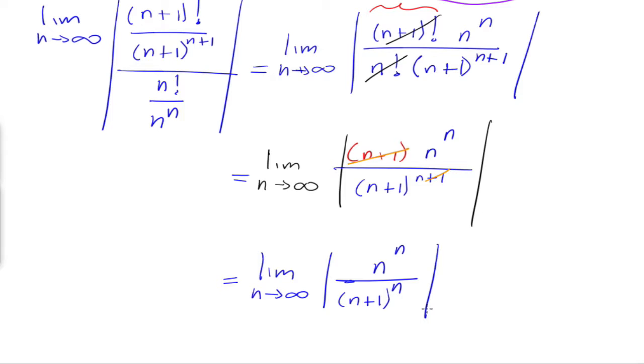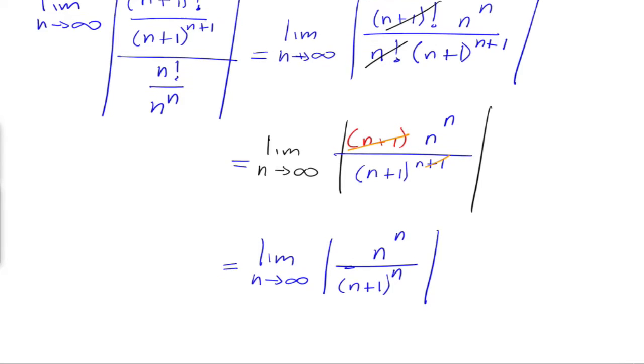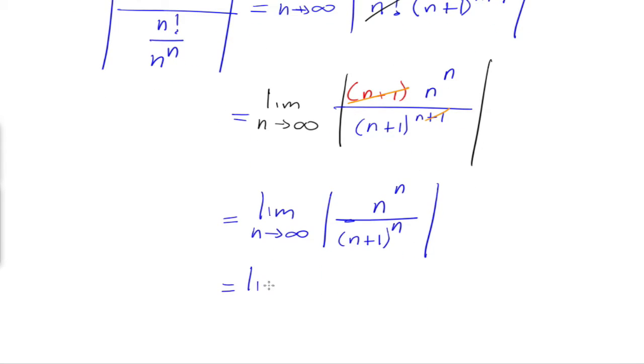Combine them, n over n plus 1, to the n. We can't really combine them. Yeah, we can, they're the same power. Oh, is that what you mean? Yeah, n over n plus 1. Oh, okay, I was thinking you meant something different. Okay, sorry. So we have the limit as n goes to infinity of (n over n plus 1) to the n.